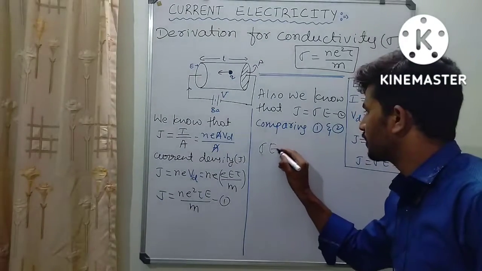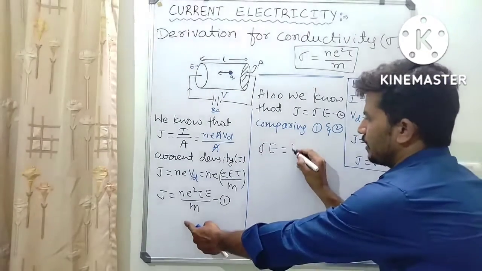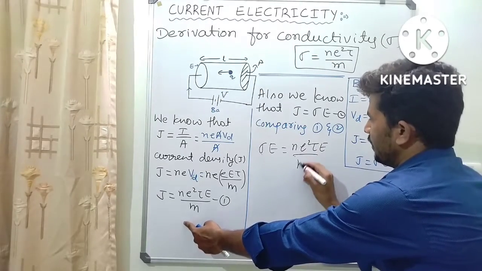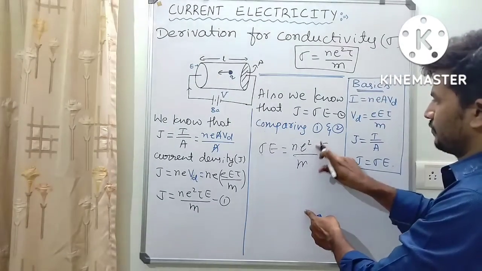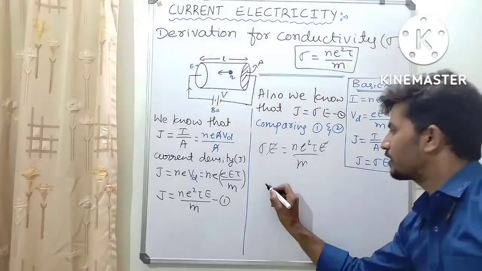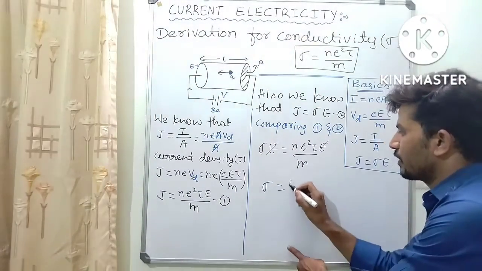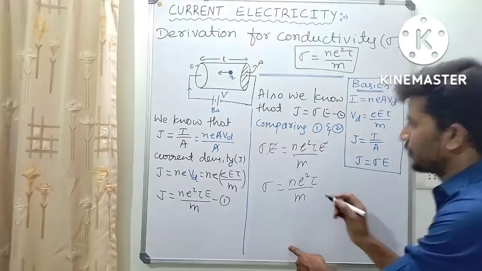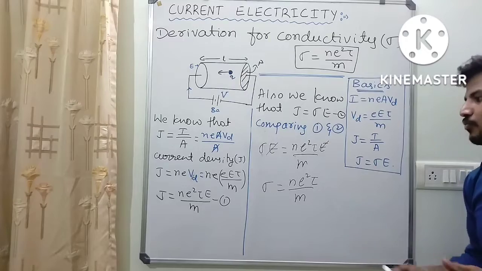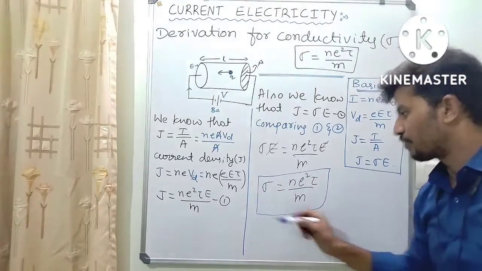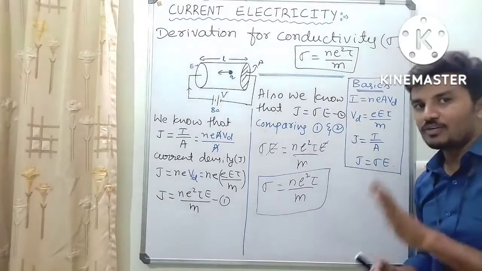Sigma into E is equal to this one, N e squared tau E divided by m. Now E will cancel out. You will get sigma is equal to N e squared tau divided by m. Okay, so this is a very important 5 mark derivation. Do remember for 5 marks.